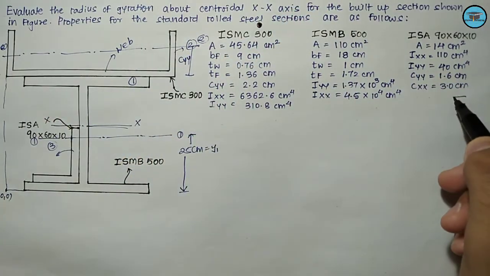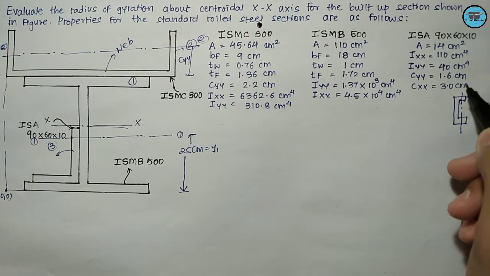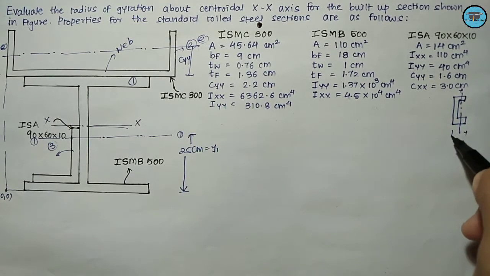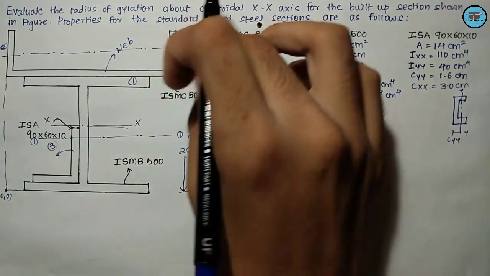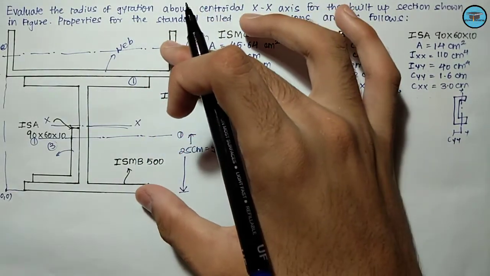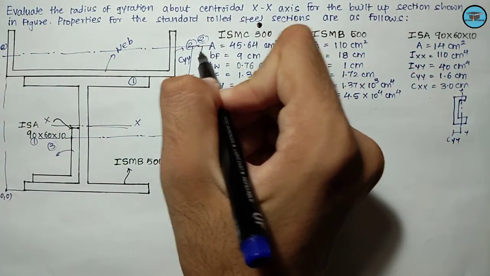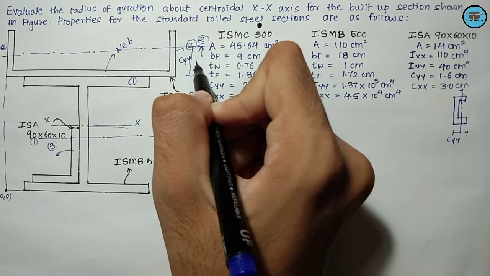The standard position for the channel section is somewhat like this, and parallel to the web is the yy axis, and its location is given as cyy. So this much distance will be cyy only. The location of the centroid from the origin will be this much distance, and this is nothing but y2.